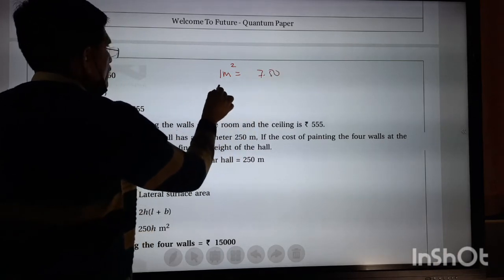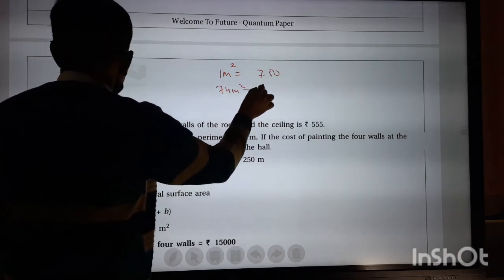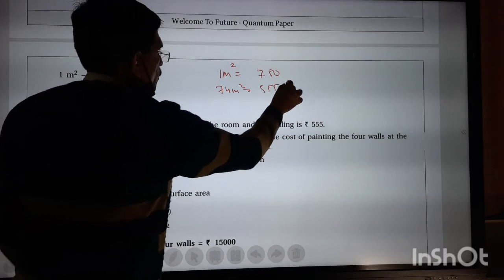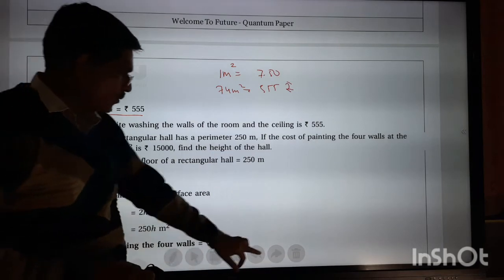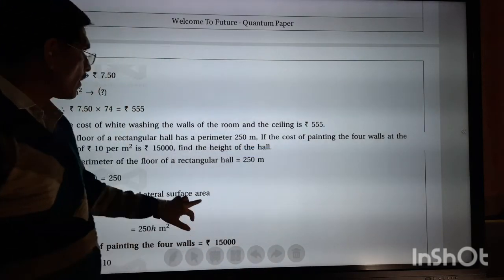We have 74 meter square. So 555 rupees is the answer. Now one more sum we have to discuss.